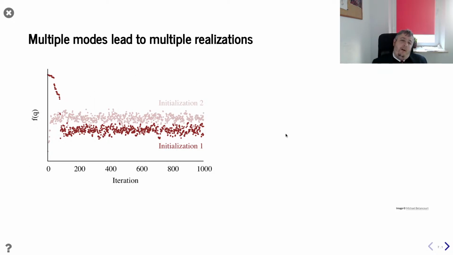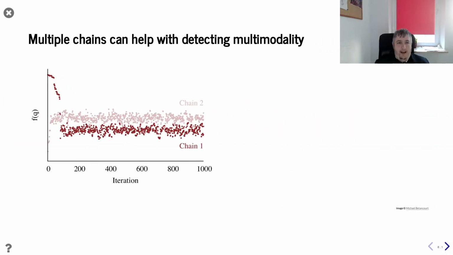There's the possibility of multimodality, where we can observe stationarity but in separate modes. That is why we need to use multiple chains to get some kind of information about the behavior, and we can use them for detection of multimodality.